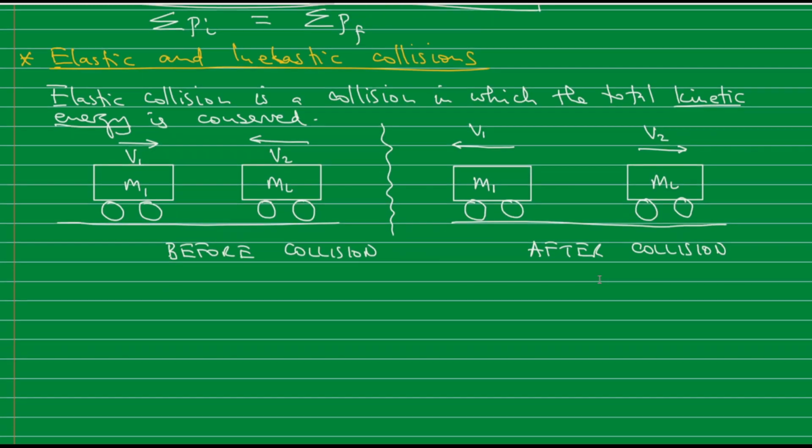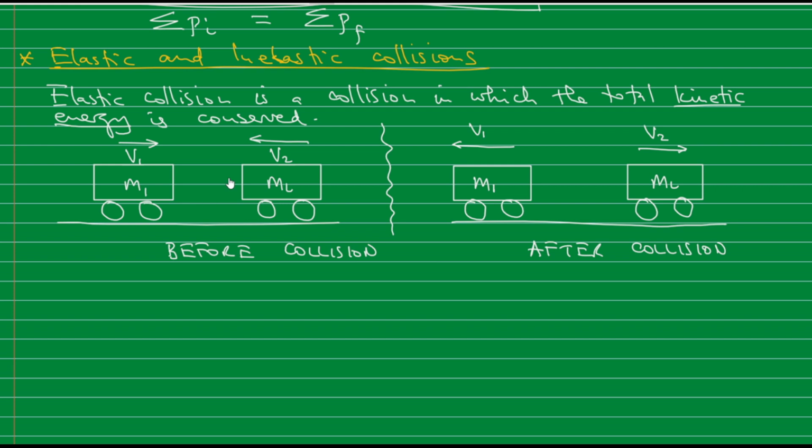The definition of elastic collision states that when these two objects collide, the total kinetic energy is conserved, meaning that when we calculate their total kinetic energy before they collide, we add the kinetic energies. We know that kinetic energy is calculated as EK equals half mv squared.